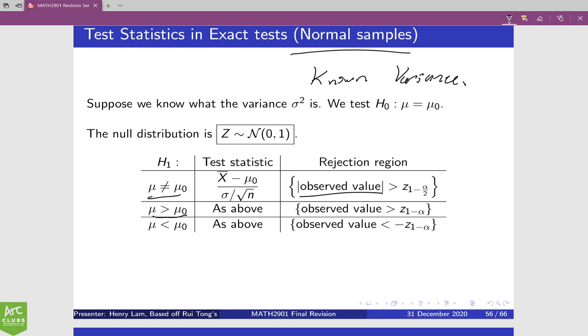Here you're looking at whether the true mean is bigger than the assumed mean, so you would expect this value to be positive, and you will only reject it when it passes a certain threshold, which is why it's greater than this positive value. And this thing is the reverse. You will expect it to be negative, and if it's extremely negative, that's what this is defined as, you would reject it, for the same reason as the one above.